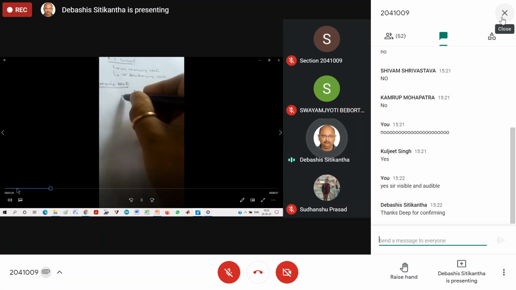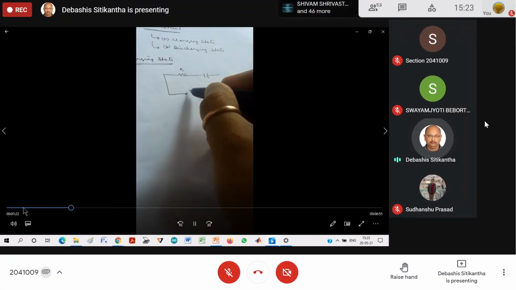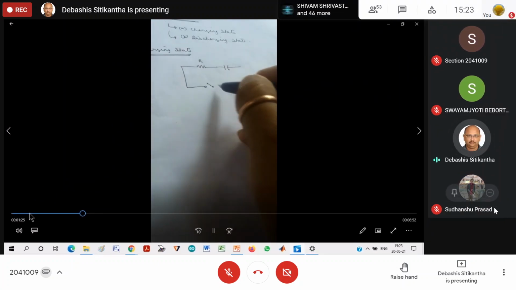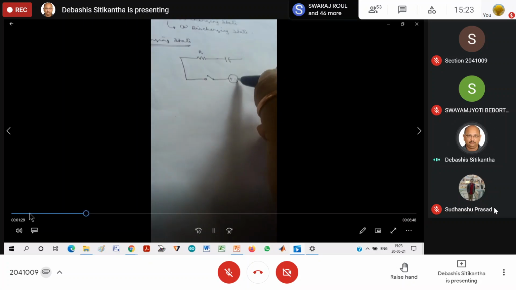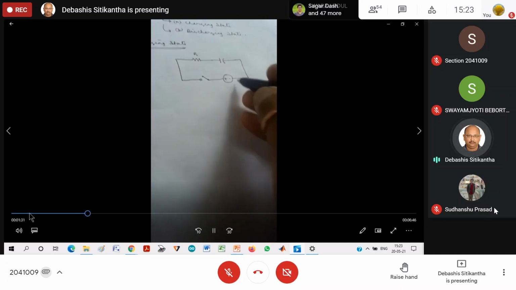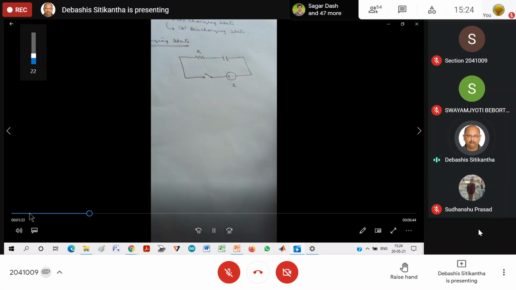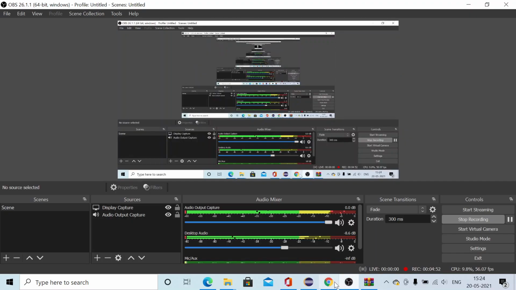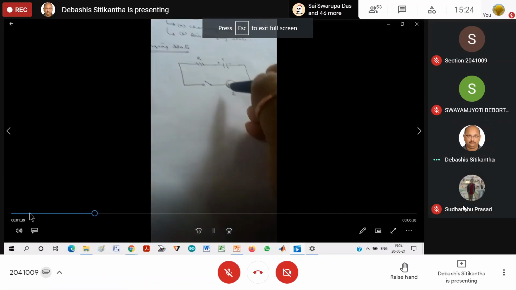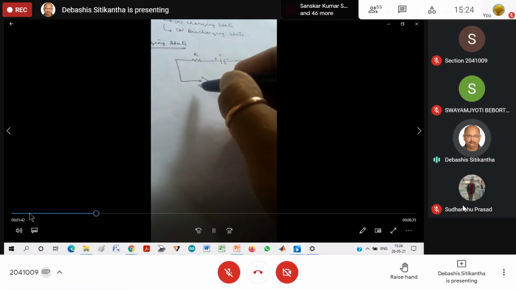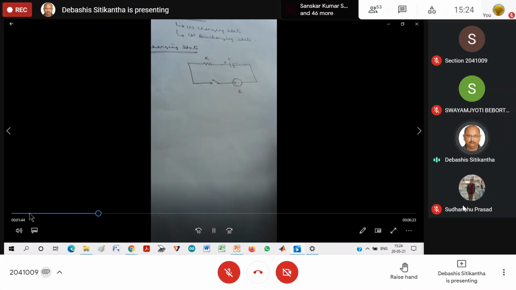I want to charge this capacitor by application of a DC voltage. So basically this is the voltage source, and let us say this voltage source has a constant voltage output of E. So this is your capacitor, and the moment I close the switch, it will start charging.